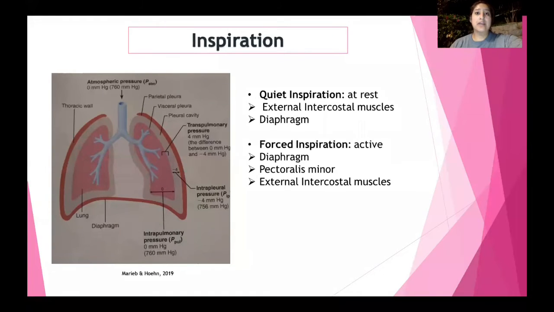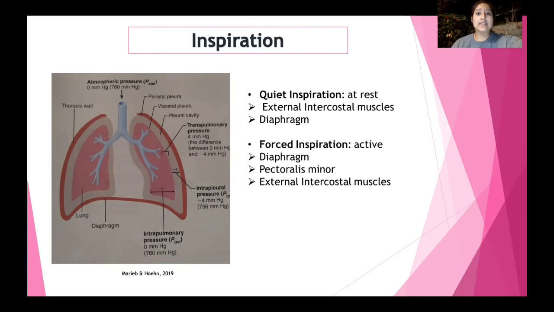In inspiration, the external intercostal muscles contract. This contraction pulls the ribs up and outward, expanding the thoracic cavity. The diaphragm also contracts, causing it to be pulled downward, again allowing the thoracic cavity to expand some more. Also, the sternum is pushed out and up.